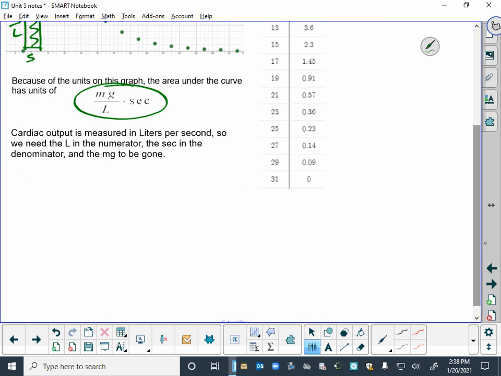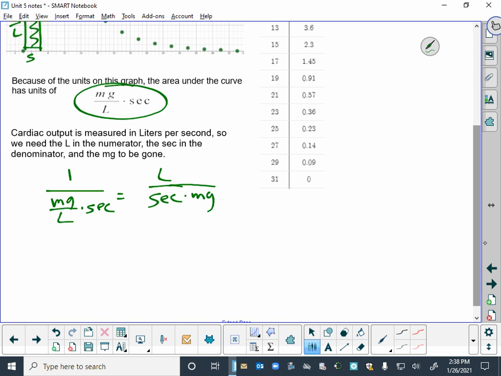So for one thing, if we took this and we flipped that over, so if we looked at 1 over milligrams per liter times seconds, we would get liters per second times milligrams in the denominator as well. And that's close to what we want.